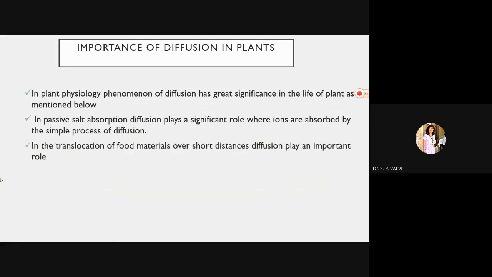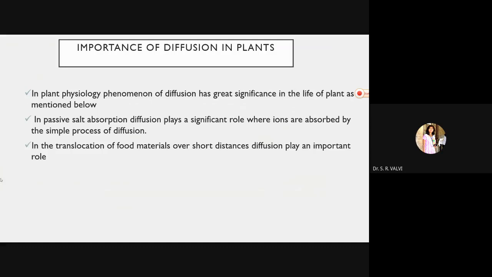Second importance: in the translocation of food material over short distances, diffusion plays an important role. You might have learned the source and sink relationship. Source is the place where the food material is abundant or stored, and sink is the place where no food material is available for utilization for further activities by the plant body or animal body.